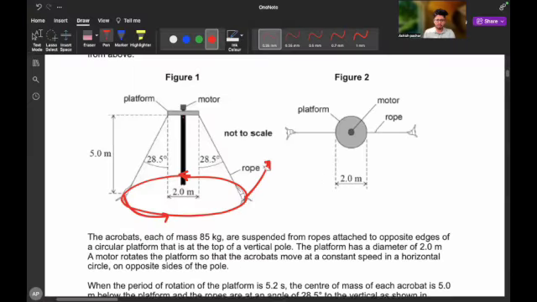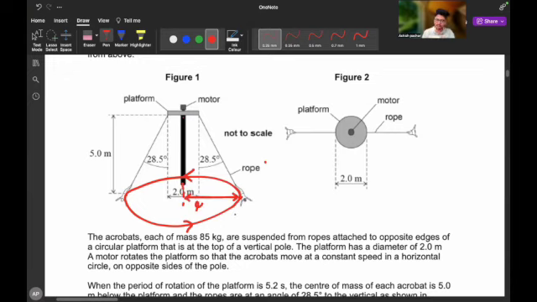Right now, we have to find the total distance being covered, and you can find the distance if you have the complete radius. To do that, this is 2 meter, so I can easily calculate half of that, which is 1 meter.